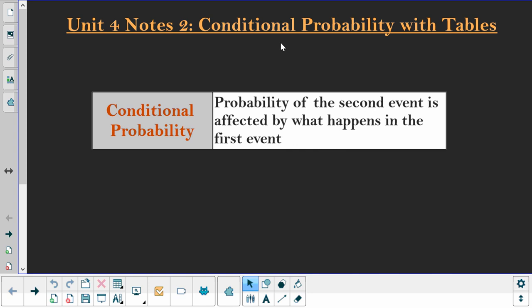Today we're talking about probability with tables where you're given some sort of condition that has to be true in order for the probability to be found. And that changes the probability if you were just looking at it out of the whole group. So we're going to look at a bunch of different tables today and talk about how our given probabilities change.